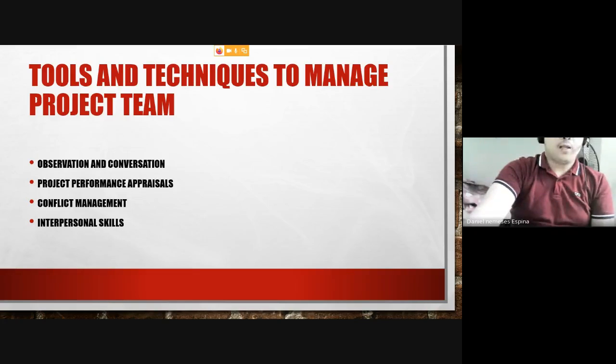Aside from observation and conversation, you have the project performance appraisals. So how are you going to measure the performance or the success of the project? Then conflict management, a very important skill. And then of course, interpersonal skills.